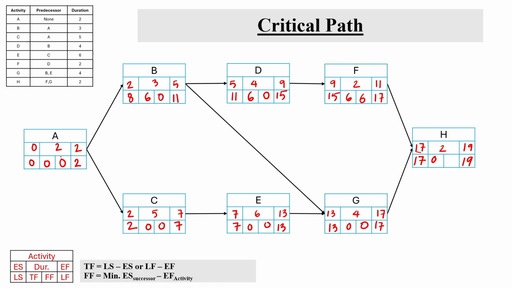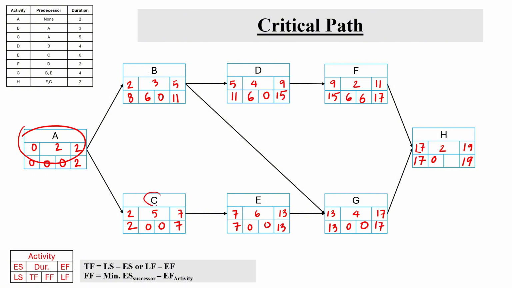Finally, it is very important to find the critical path during project scheduling. The critical path is the series of the interconnected activities through the network where each activity has 0 free float and 0 total float. So if any activity on the critical path is delayed, the project is going to be delayed. So in our case, activity A has both total float and free float 0.